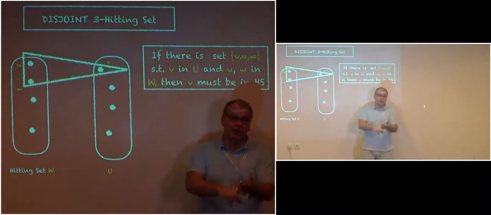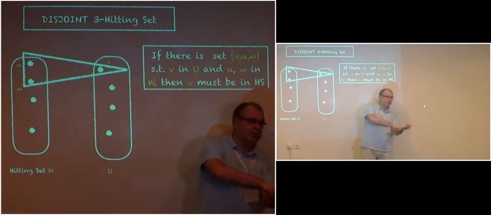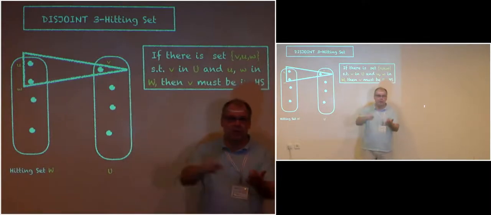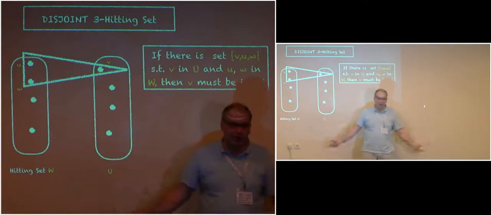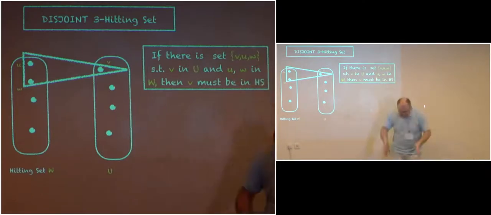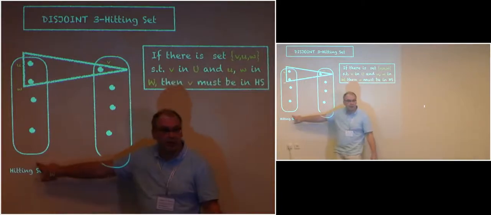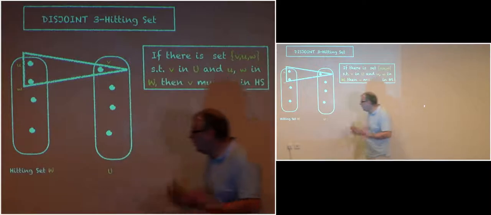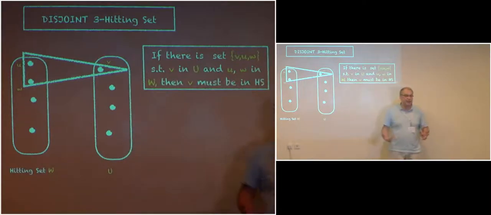Because if you solve the disjoint problem, you solve the compression problem, and if you solve the compression problem, you solve the problem finally, right? So the essence is the disjoint problem. So what is disjoint 3-hitting set here? I have a hitting set of size k plus 1, and I ask if there is another hitting set of size at most k which is disjoint from this hitting set.